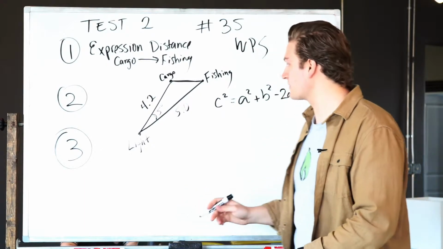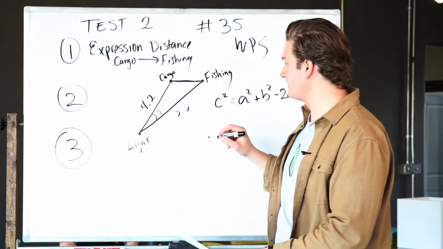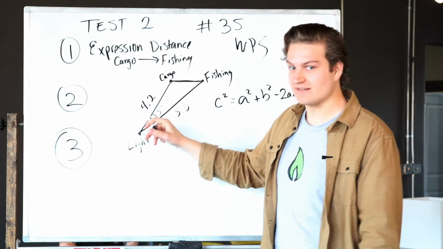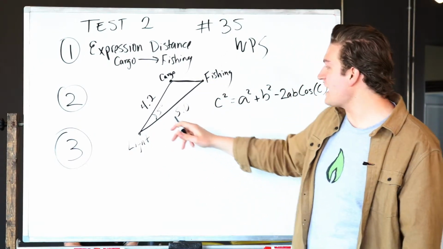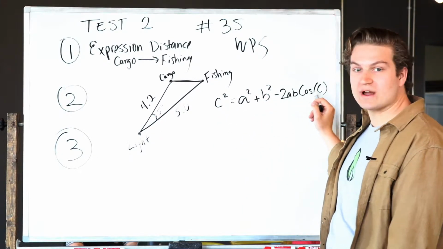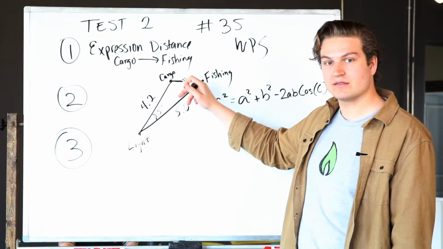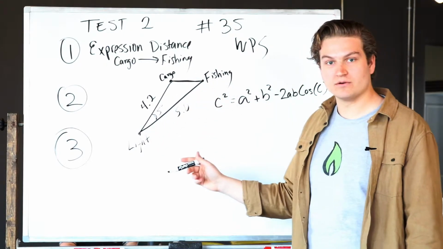We are trying to solve for this side, and we are given this angle. This is the biggest jump in logic. Our formula requires one angle, and we are trying to solve for one side length. And that side length is opposite the angle.